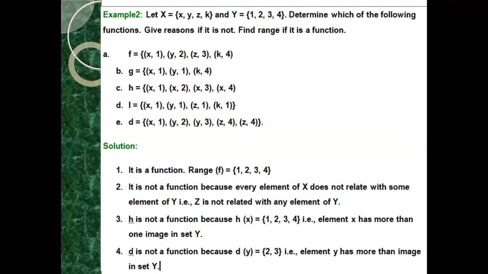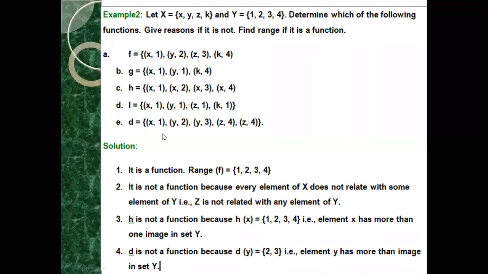So it is not an example for function. So h is not a function because h of x has the images 1, 2, 3, 4. That is, element x has more than one image in set y. So h is not a function.